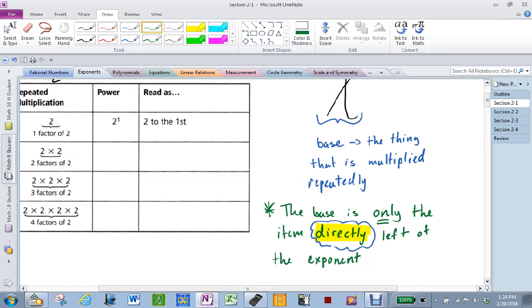So, if Liam is the base, then that makes James the exponent. Now, what if Ashley is the exponent? Who is the base? Maddie. Well, for me it would be you because that's left, right? But for all of you, Maddie is to the left of Ashley. Is Liam part of the base? No, because he is not directly beside the exponent. Is everybody good? Yeah. Okay.